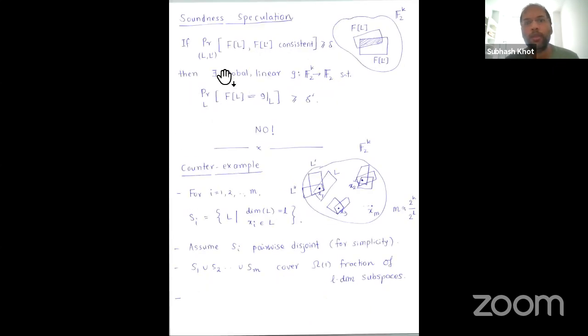And for the soundness condition, one could speculate that if the test accepts with probability delta, then maybe there is a global linear function which has some delta prime agreement with the given table, right? And here delta prime should depend on delta, and these are constants independent of the parameters little l and k, right?